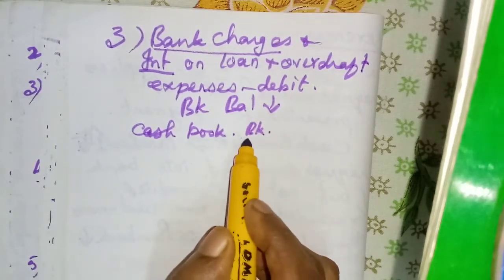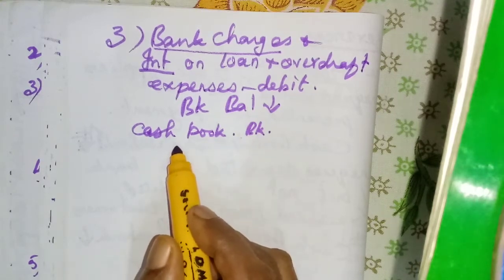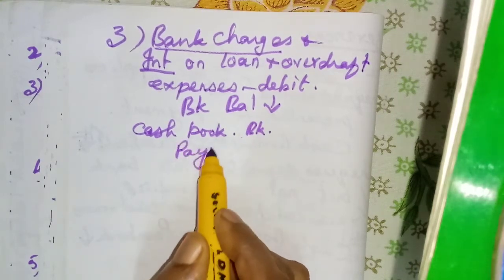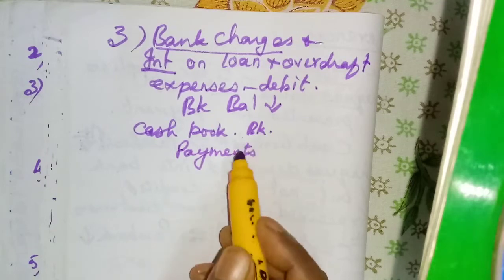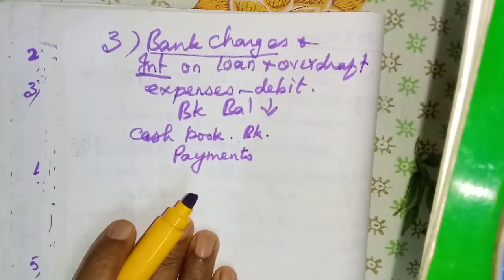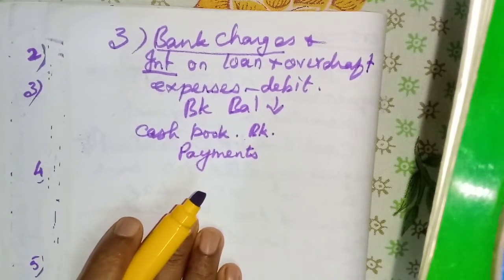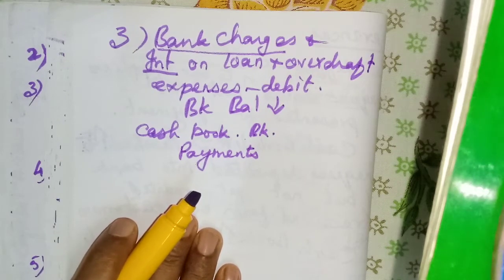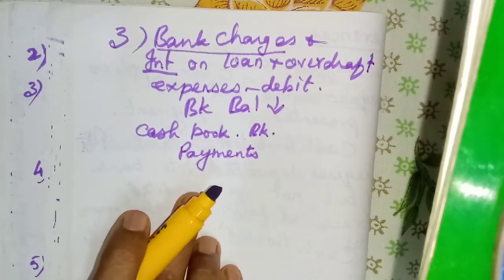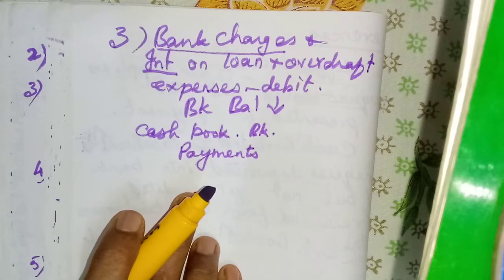We will show this on the payment side, the credit side, only when we receive the bank statement from the bank. Only at that time can we enter these bank charges.